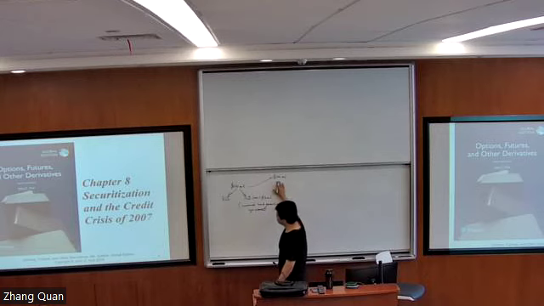So even though you have a much higher interest cost, the underlying asset is what we call collateral, because if you default, this house is given up and turns into an asset of the bank.